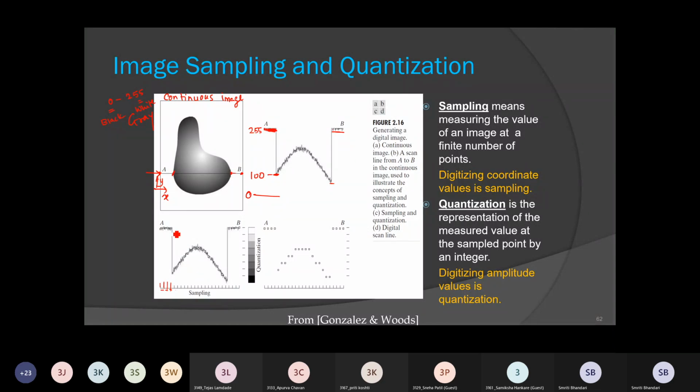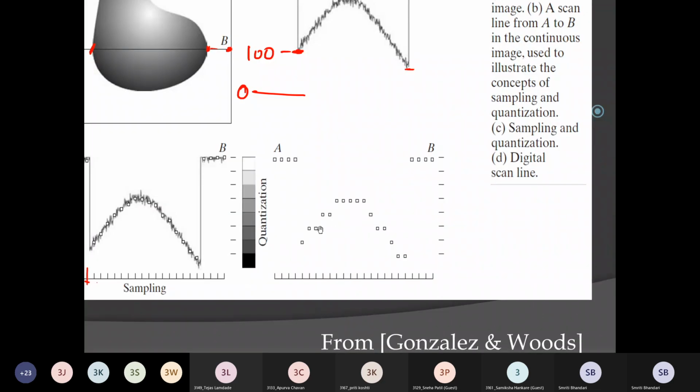What do we mean by quantization now? Sampling has been done, meaning instead of having all those values, I'll have only the values at those points, the sampling intervals. These are denoted here with these small squares.